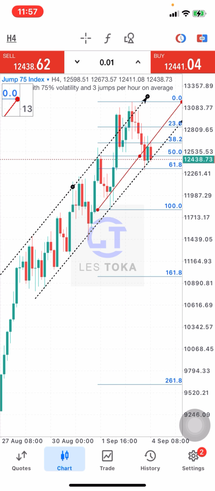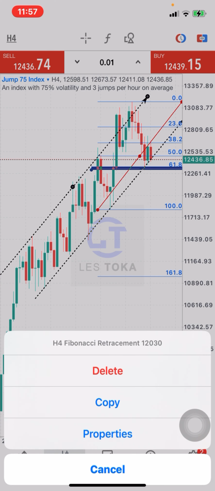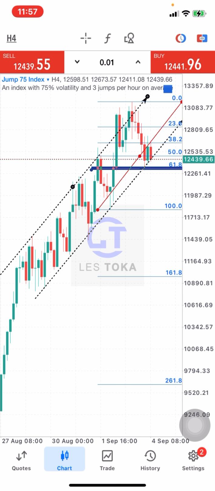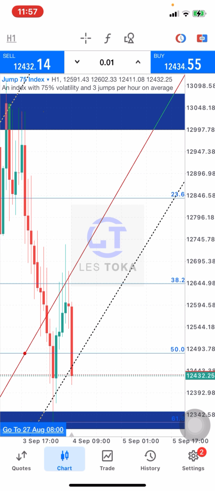I can see that the market touched on this 61.8 area, and then it went up, but only for it to come back down, which is where it's at now. After it touched that level, it's just touching that level so it can gain momentum to further push to the upside. So let's go to the H1.